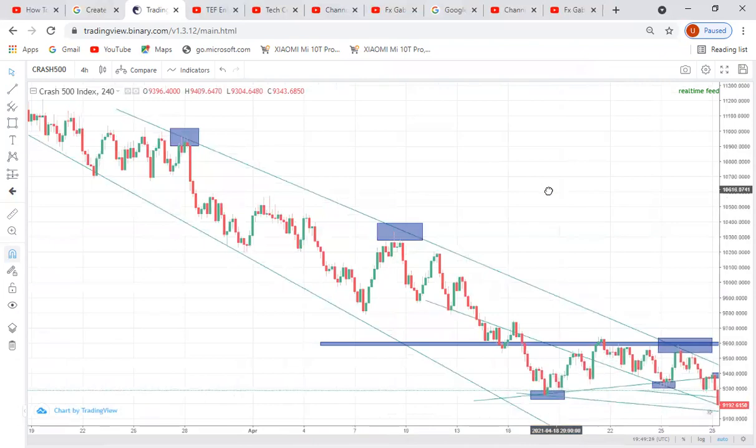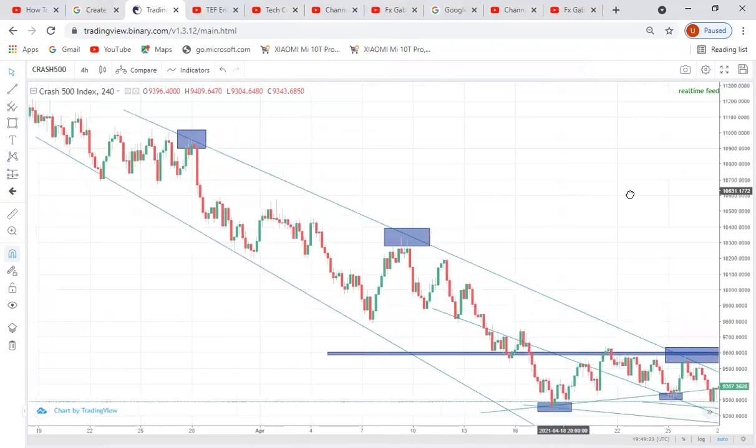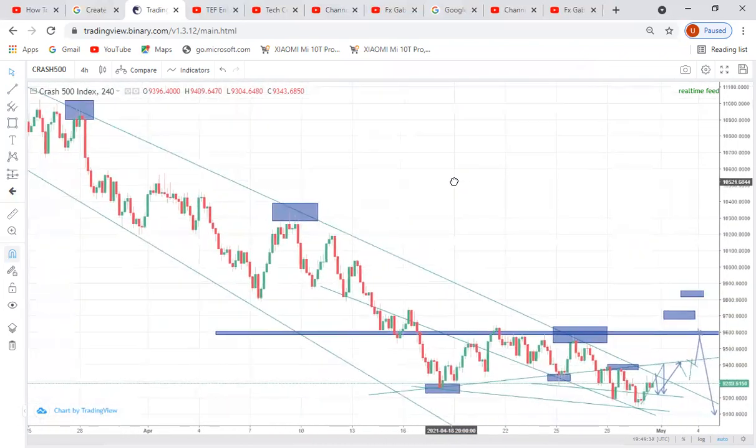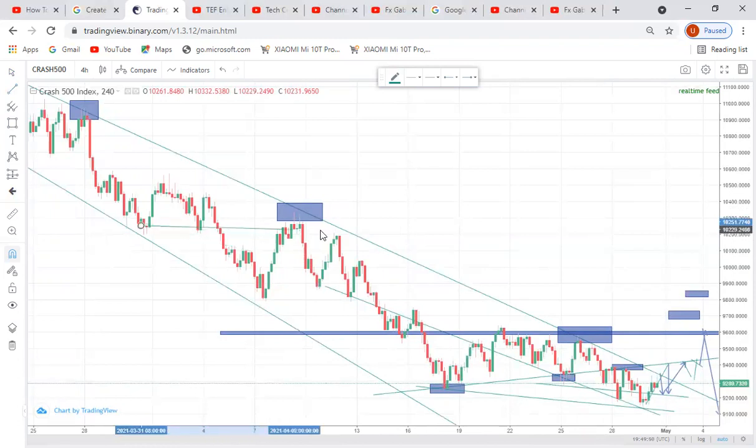The same thing applies here when I use price action to do an analysis like this. What do I do? I look at the candle from the week, trace it, and put it like this.